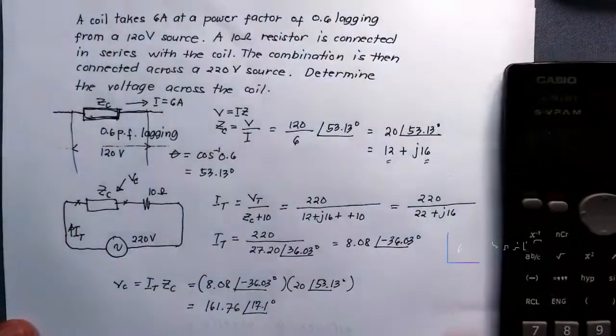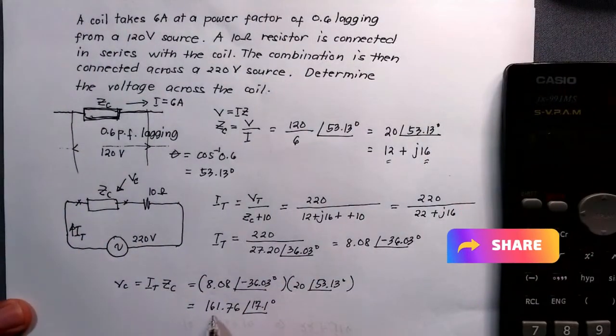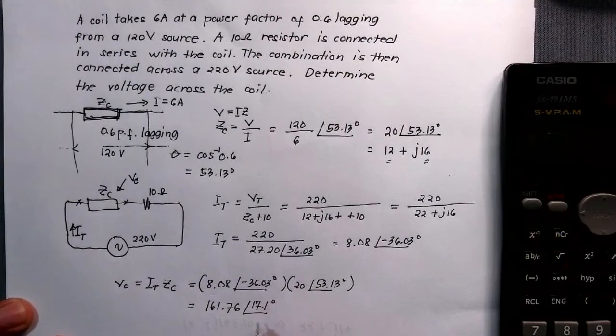So your answer will be 161.76 at 17.1 degrees. In some books, we just consider the magnitude, but this will be your answer for the voltage across this coil.